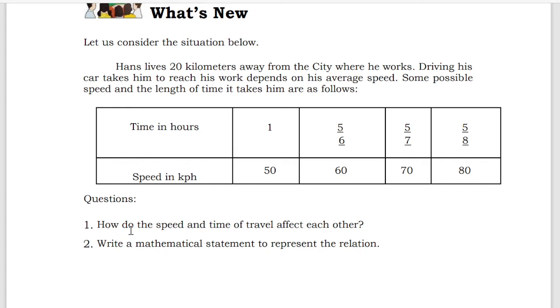Based here, we have 1 hour, it runs 50 kilometers per hour. Then if it is 5 over 6 hours, that is 60 kilometers per hour, and so on and so forth.